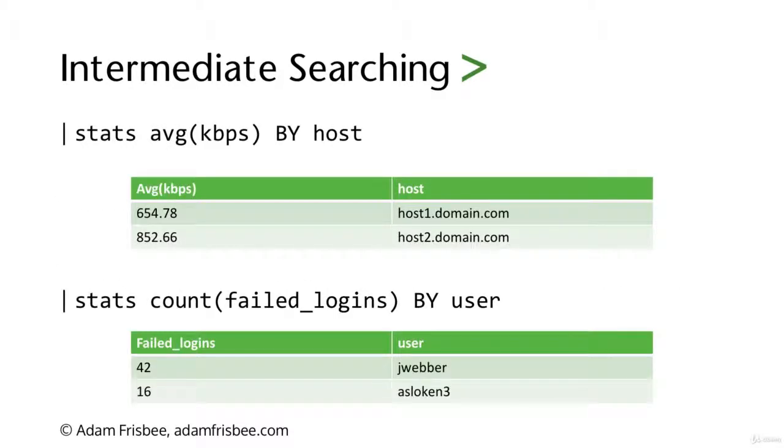So we could do, for example, stats average of a field called kbps by host. Then it would tell us the average kilobits per second by host. We could do stats count of failed logins, if that was a field, by user. That would give us the number of failed logins by user.